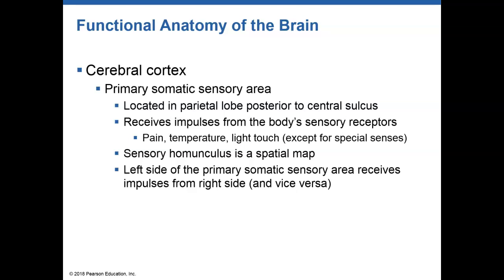This is located within the parietal lobe, and it's somatic sensory, so it receives impulses for your touch, pain, temperature, pressure, anything to deal with the somatic regions of the body. So stuff that we are consciously aware of. And you will look at the sensory homunculus in a slide coming up.